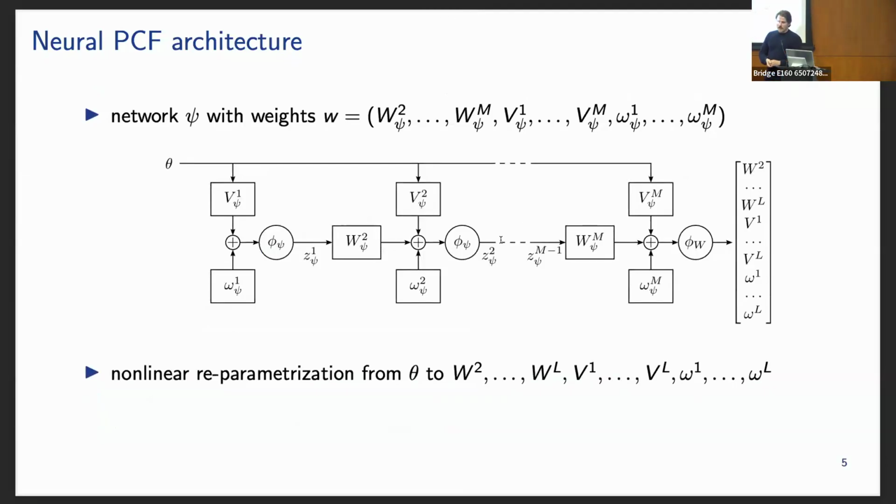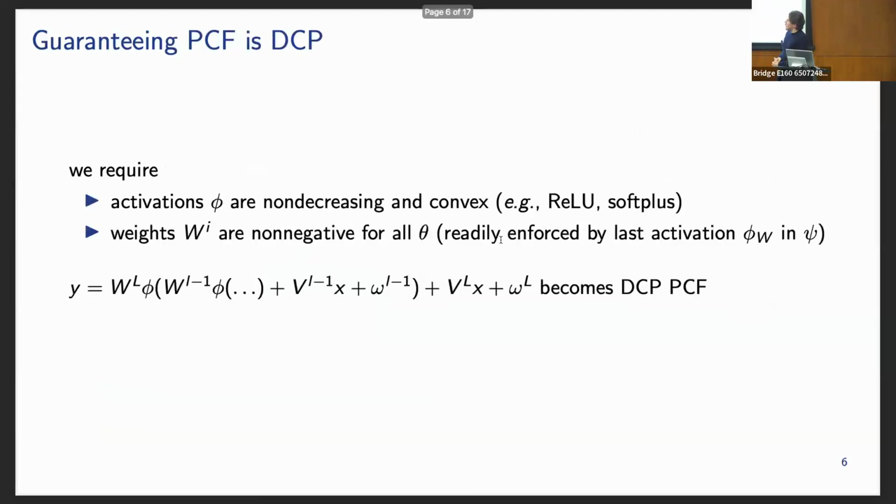We could zoom into psi. It's not too important. It's a similar architecture where the output is the flattened vector of all the weights and biases of the main neural network. So how do we restrict this network? We want the output to be DCP, and for that we make a couple of very simple assumptions.